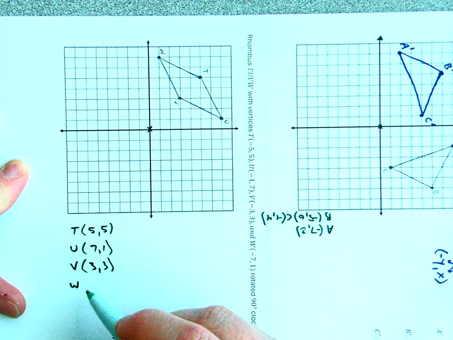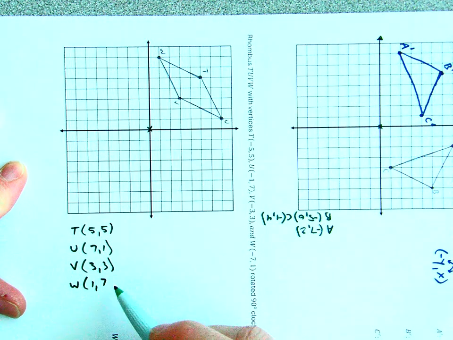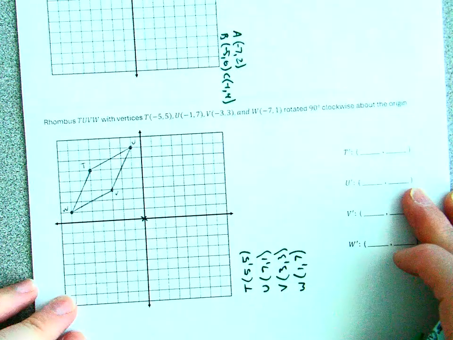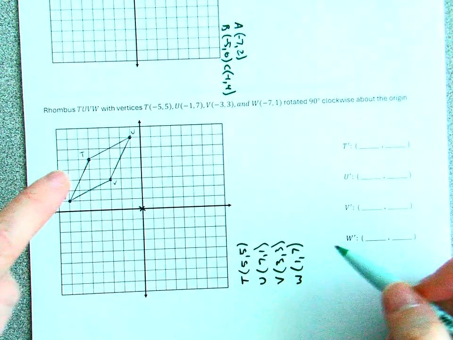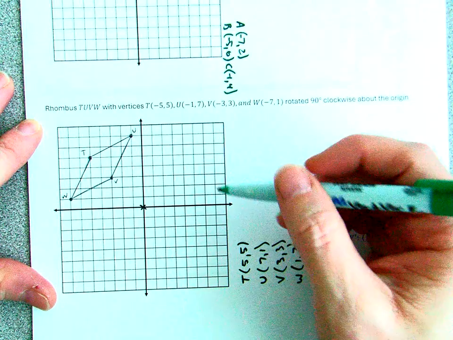And W is what? 1, 7. Right? So now that I got the positions down, I'm going to turn it back where it belongs, and I'm going to plot these points. So I'll have my pre-image getting mapped to my rotated image over here.